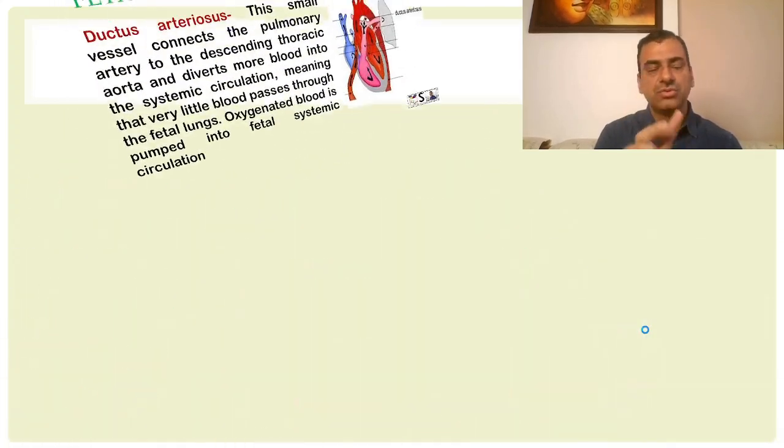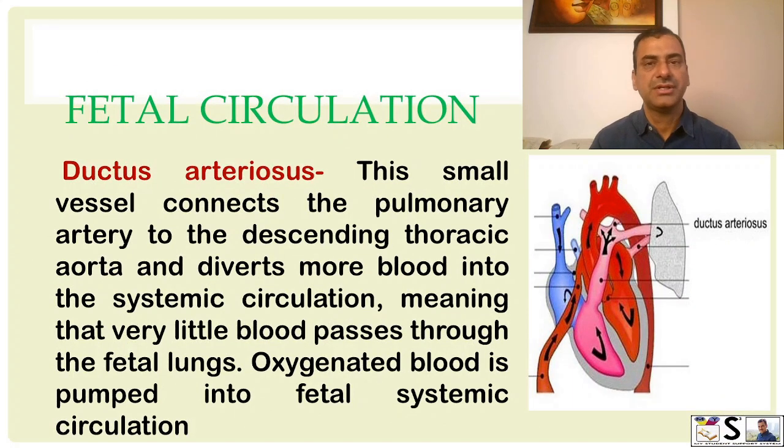This arrangement is to bypass the lungs. The second arrangement is the ductus arteriosus. What is the ductus arteriosus? This is a small vessel which connects the pulmonary artery to the descending thoracic aorta. This is the pulmonary artery.